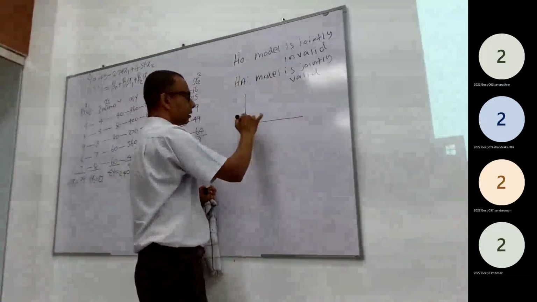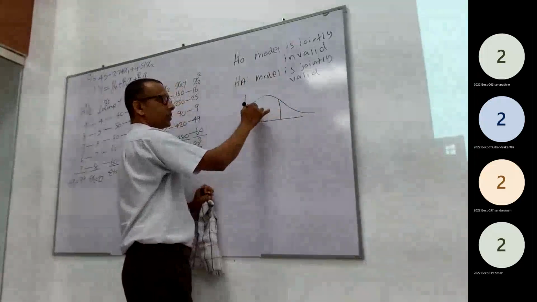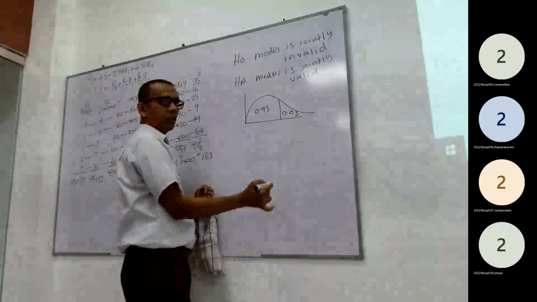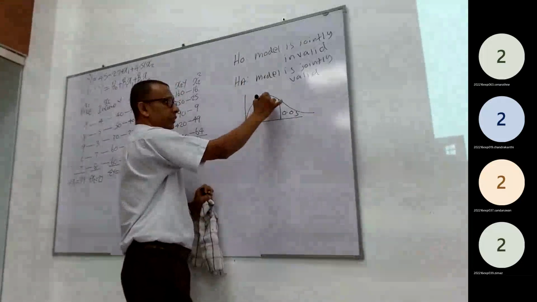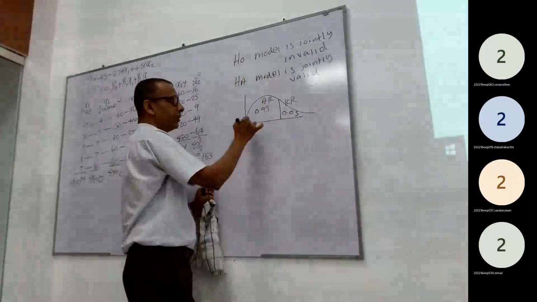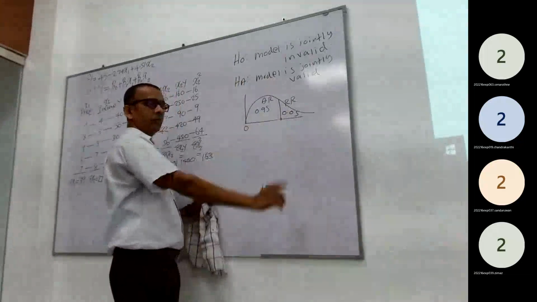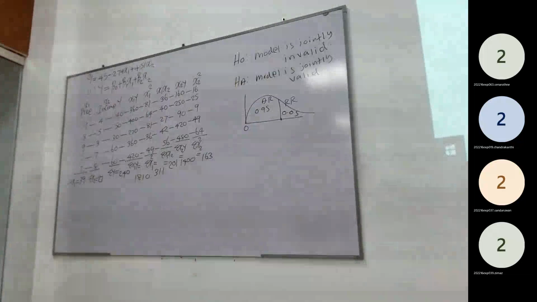Then the F distribution, acceptance region 0.95, rejection region 0.05. Later we take this critical value after we identify the ANOVA table.